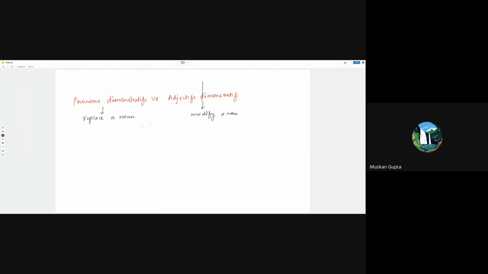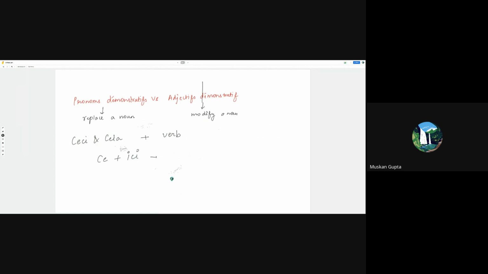Now I said that there are indefinite ones also. So we have ceci and cela. If I simply say, it is always followed by a verb. Ceci is formed by ce plus ici. Ce ici means this here.